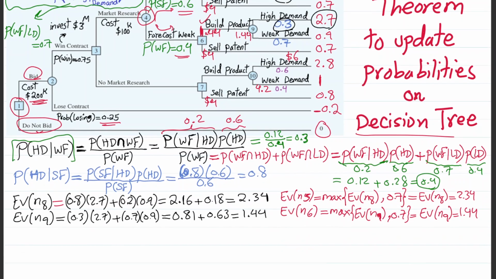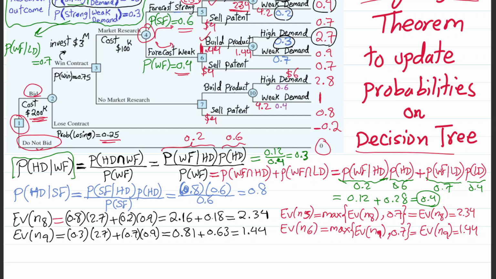So if you're interested in finding the EV of chance node 4, right after selecting and paying for market research, that is going to be 0.6, the probability of a strong forecast, times the outcome of that, $2.34 million on average, and then 0.4, the probability that the market research will forecast weak, times the outcome, 1.44.